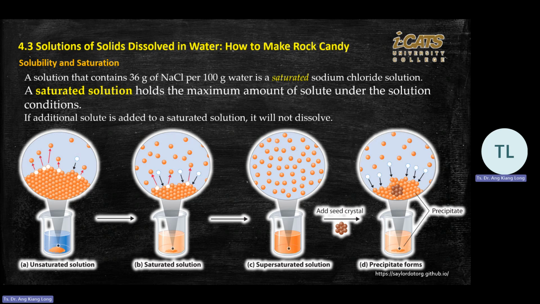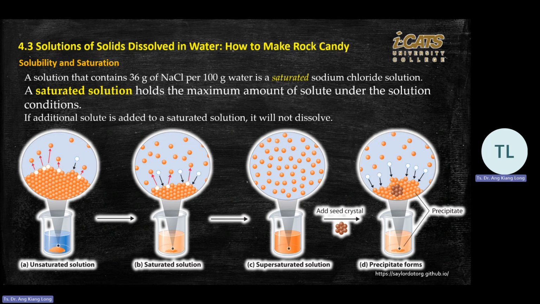And if you reach saturated solution and continue to add solute to it, the solute will not dissolve. Let's say I take NaCl, salt. If you already have 36 grams inside and you add in 37 grams, the extra gram will fall to the bottom of the container.